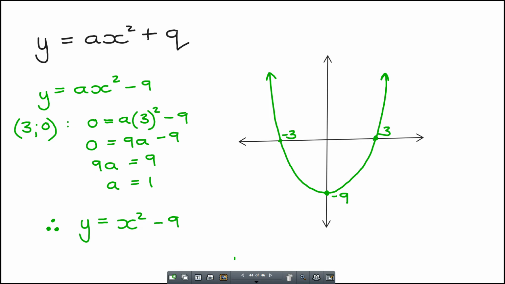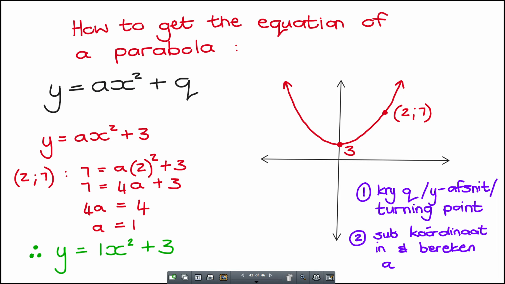What did I say with this? Oh, I meant you can either substitute in that one or this one. Oh wait, let me go back. This one. Yes, it is a positive 3 because it was on the top part of my y-axis, that's why I have positive 3.